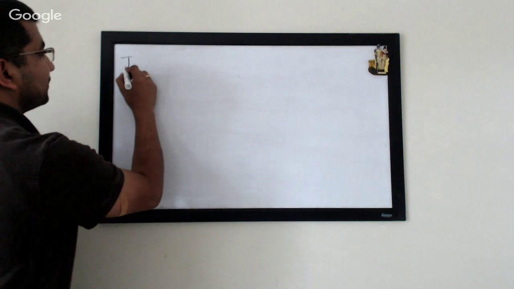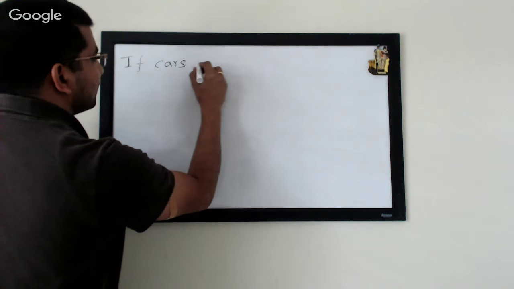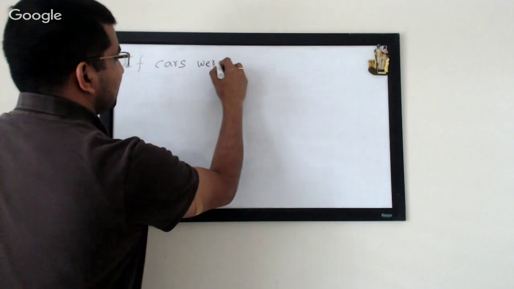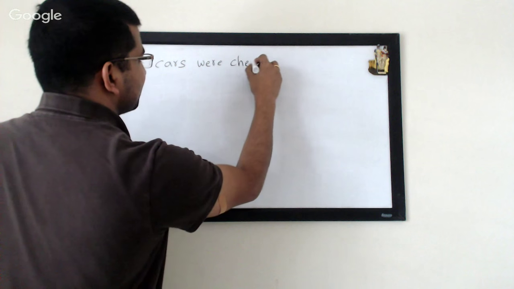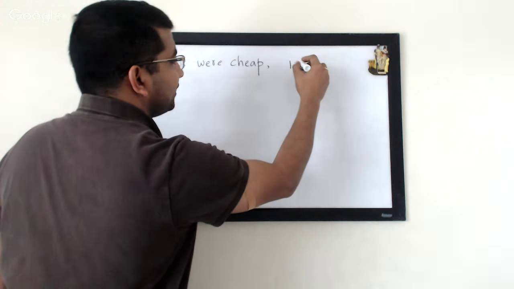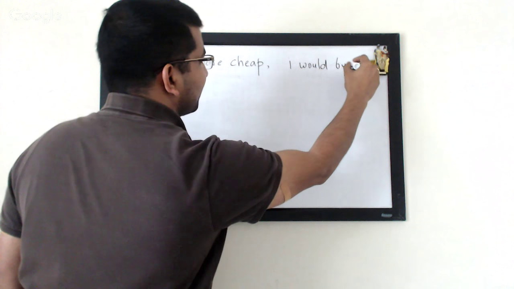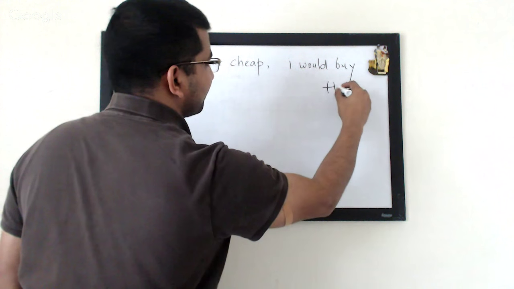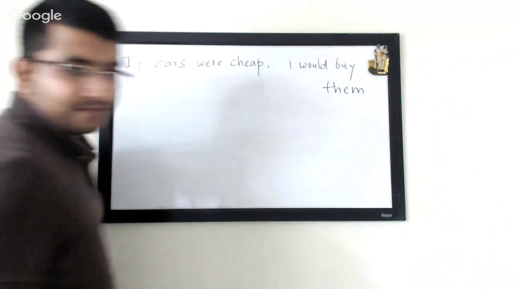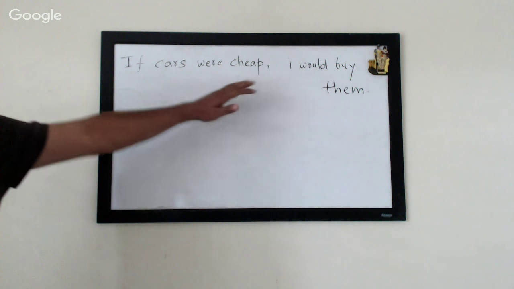The next one is: if cars were cheap, affordable, I would buy them. If cars were cheap, I would buy them.